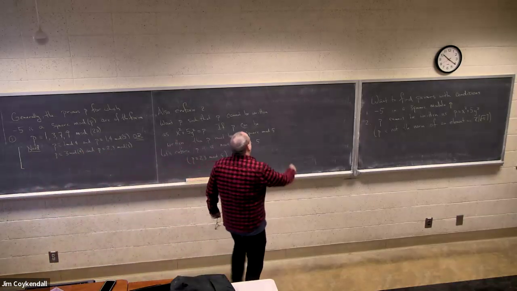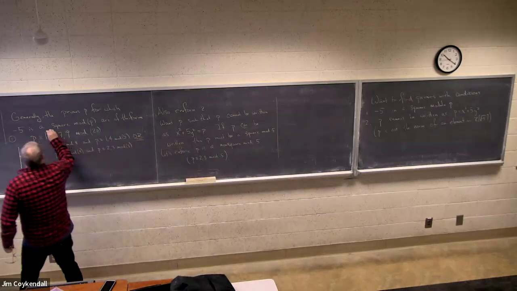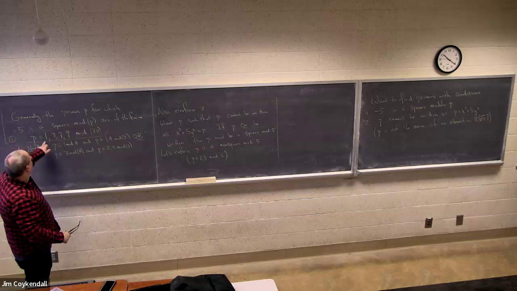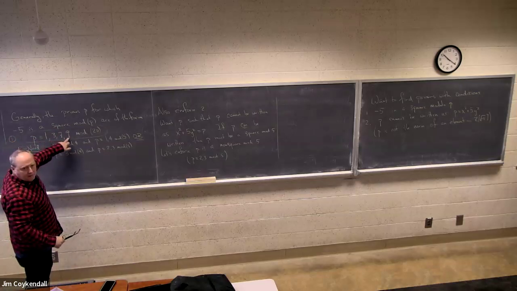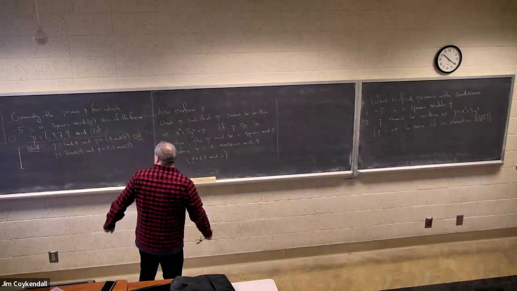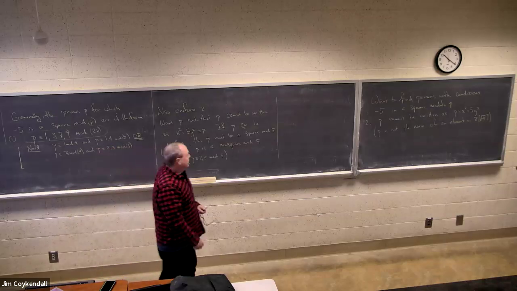So if we enforce this condition in tandem with this one, let's say that I want P to be 1, 3, 7, or 9 mod 20, and I also want it to be equivalent to 2 or 3 mod 5.